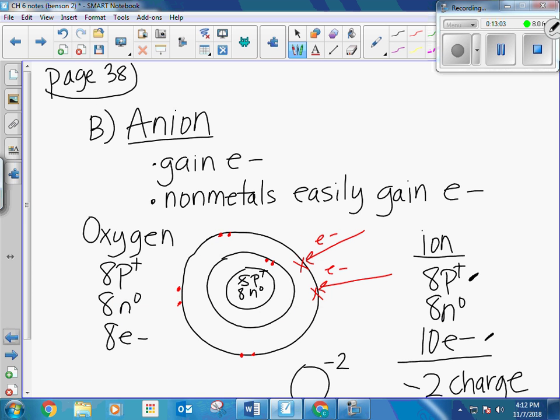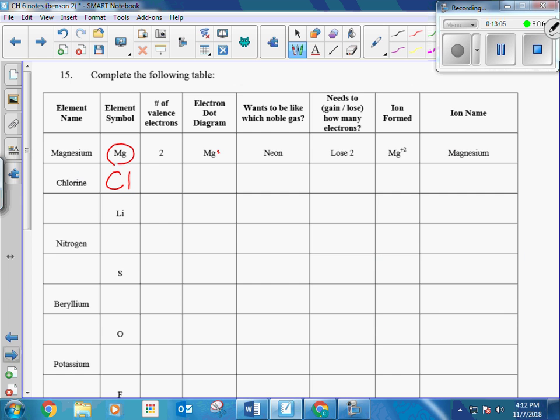So let's write that all out. All right, so we have chlorine. It has 7 valence electrons. Its diagram will be Cl. Draw the 7 electrons. 1, 2, 3, 4, 5, 6, 7. All right, we got 7.